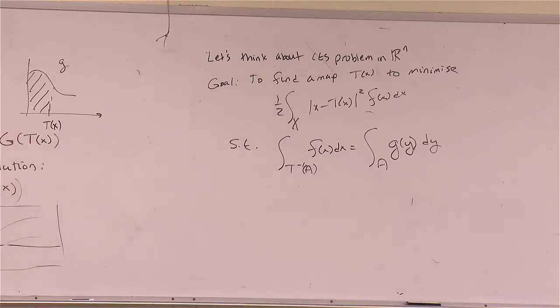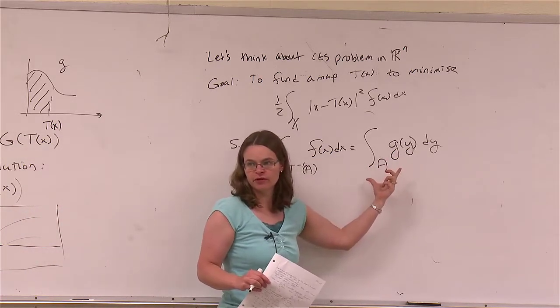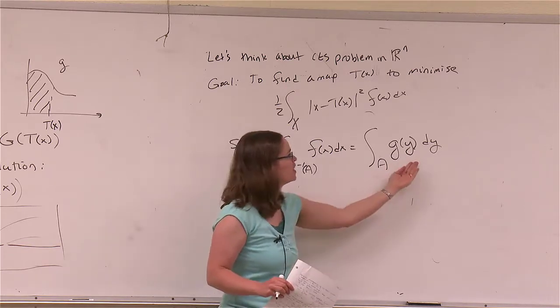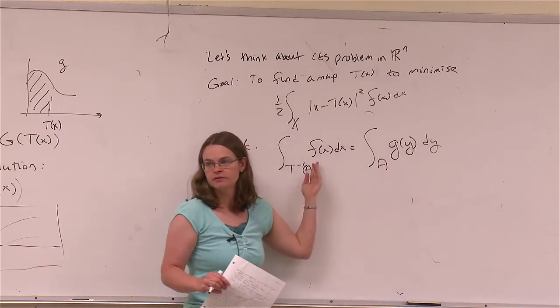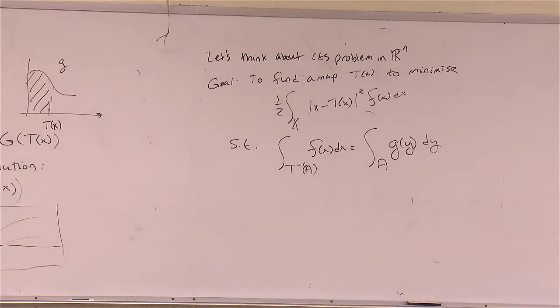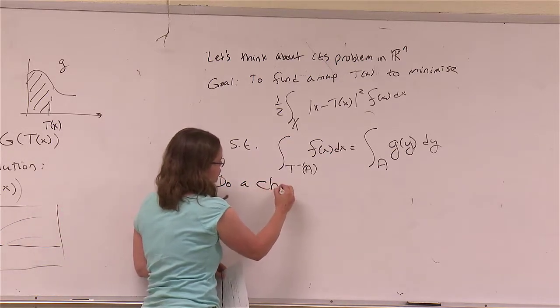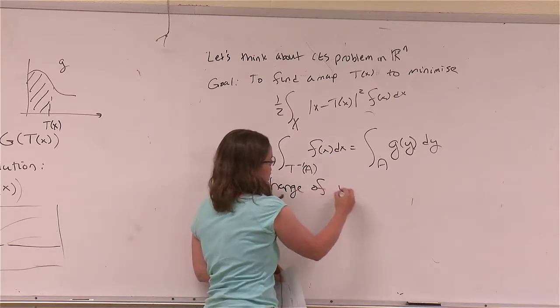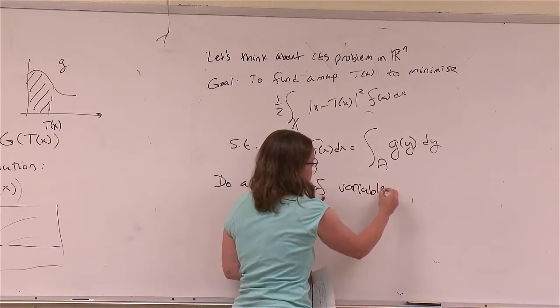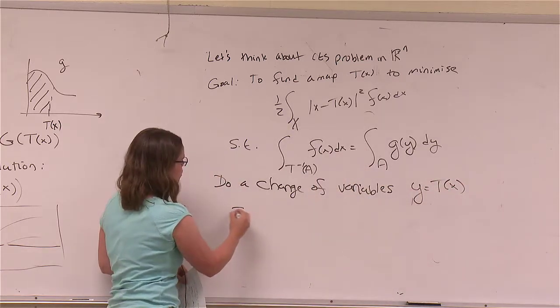There's something natural that we could do here, which is to say there should be some relationship between these two things, right? Ideally, in some sense, whatever's happening over here is given by T of x, right? y equals T of x. That's natural. So let's try to do that change of variables. If we do a change of variables, y equals T of x, what do we get?